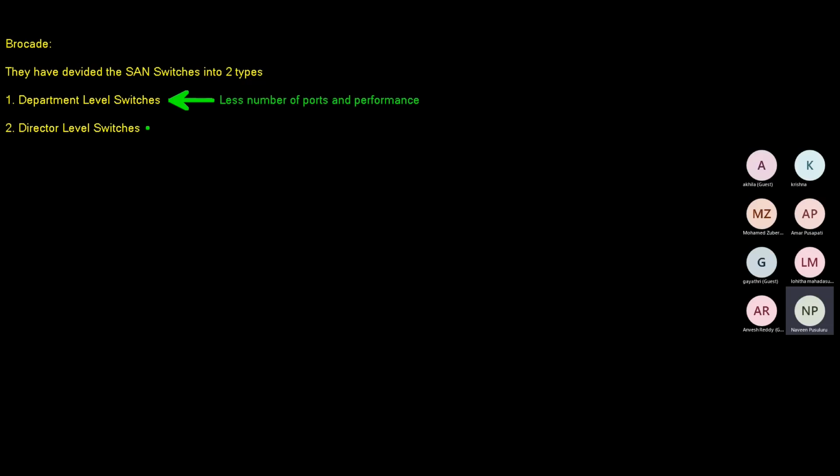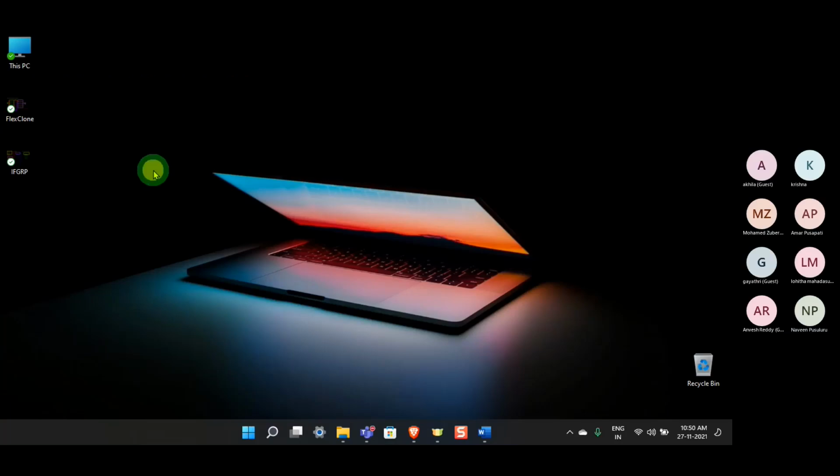Also, the way they are built makes sure that no downtime is required whenever you are doing maintenance activities. But with department level switches, whenever you are doing maintenance activity, you need downtime. We'll talk about that. So now let's talk about the director level switches first.